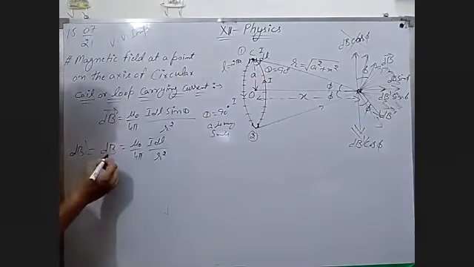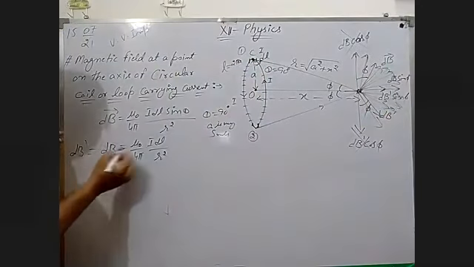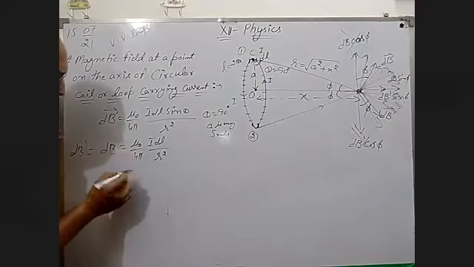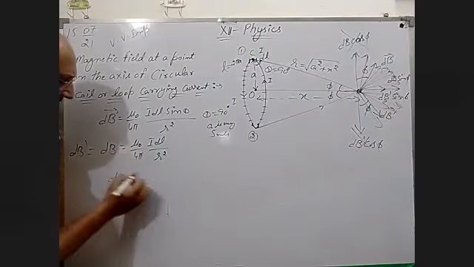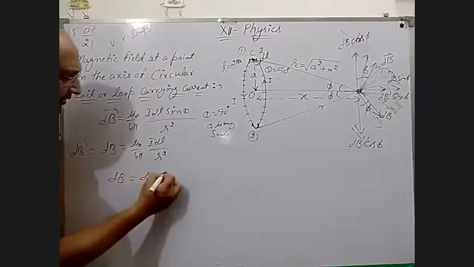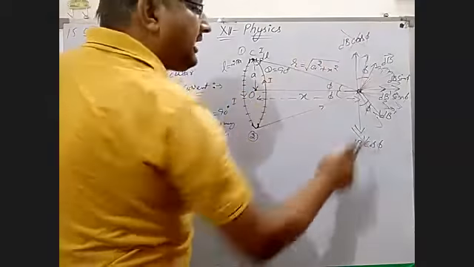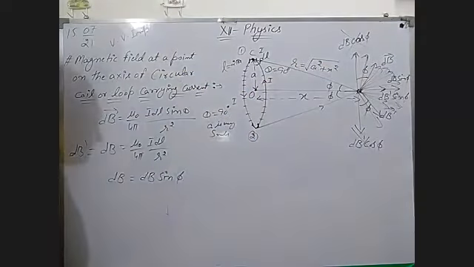Now we can put here, as the value of dB is this, instead of dB we have to take dB sin phi, and the cos phi terms are neglected, cancelled to each other because of equal and opposite nature.